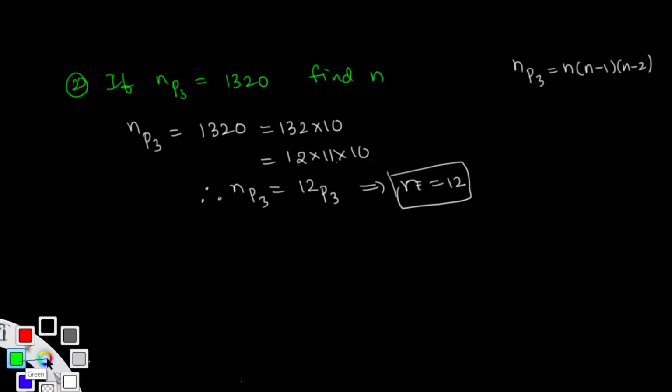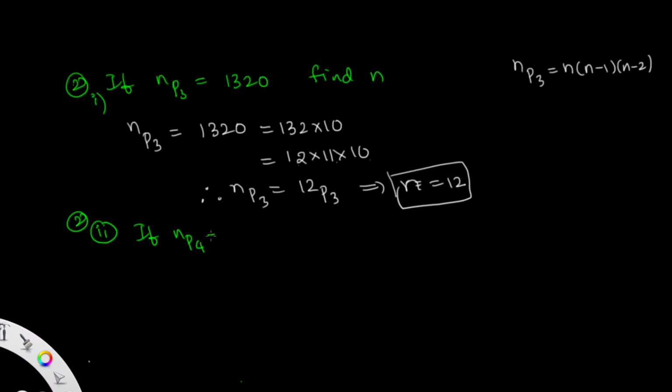Next, in the same way, this is question number 1, second bit, first question. Now the second bit, second question: if nP4 equals 1680, find n. In the similar way, write nP4 as the product of consecutive numbers.